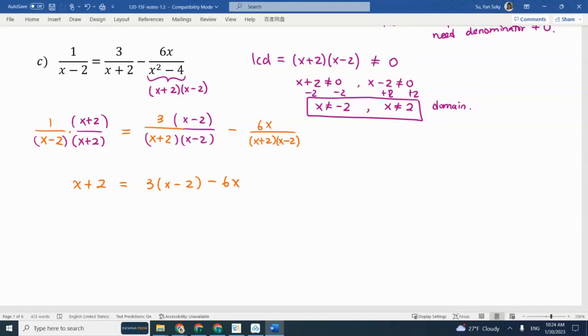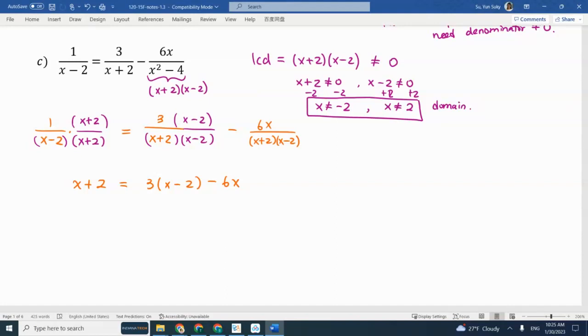So this is what we get after we multiply both sides by the least common denominator. Another reason to do that is that you multiply this on both sides, and you want to make sure this number is not 0. Otherwise, if you multiply both sides by 0, you just get 0 equals 0. That gives us nothing. Right?